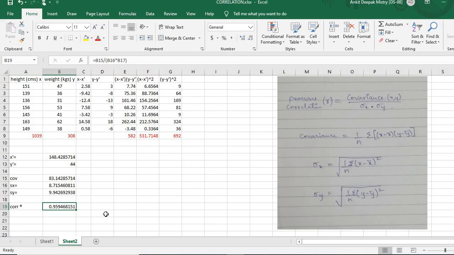And as we saw yesterday, if the value is tending towards 1, that means the two variables have a very strong positive correlation. So this was the mathematical computation of Pearson's correlation, and that was all from my end. Thank you for watching the video.